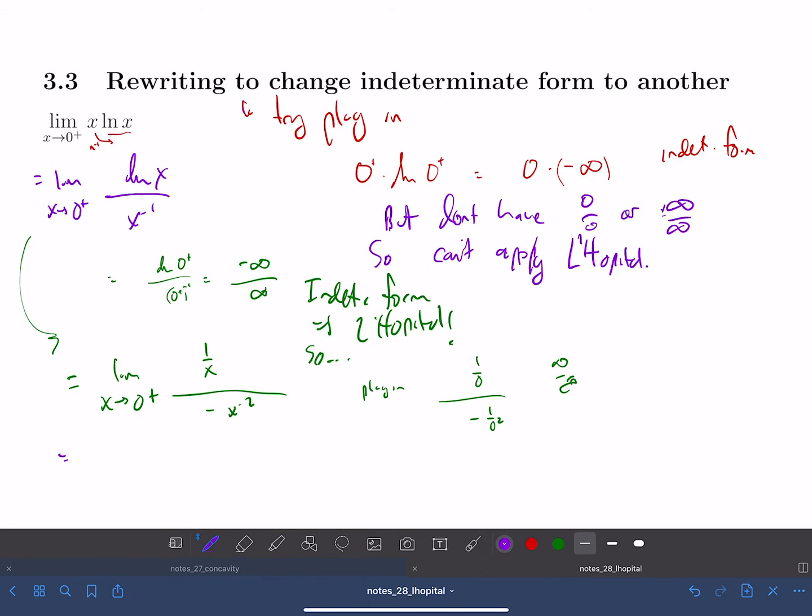So I'm going to rewrite this as the limit as x approaches 0 plus of, let's flip this minus power here, because I've got this minus power, so we're going to bring that one up right there. I'll write this as x squared times x to the minus 1 equals the limit as x approaches 0 from the right of x. Huzzah, equals 0. Yes. 0. I love 0.